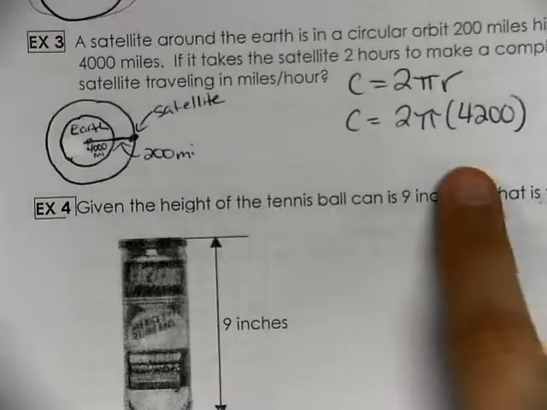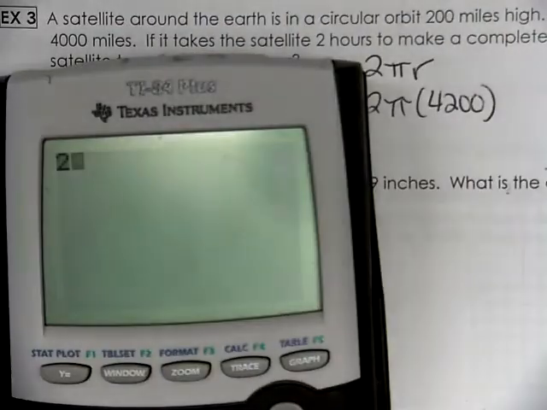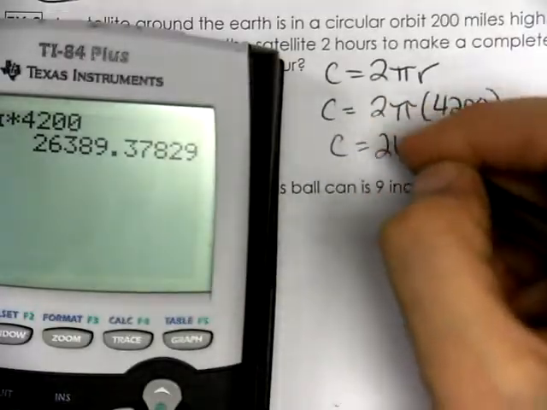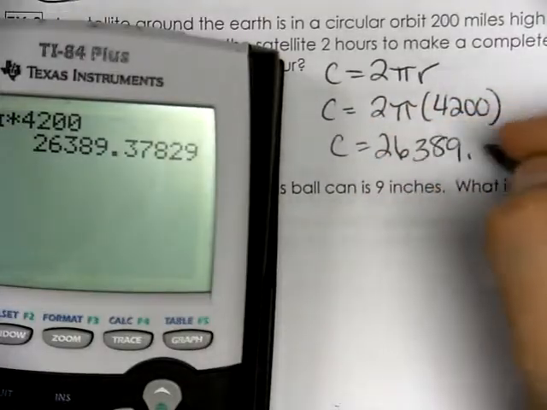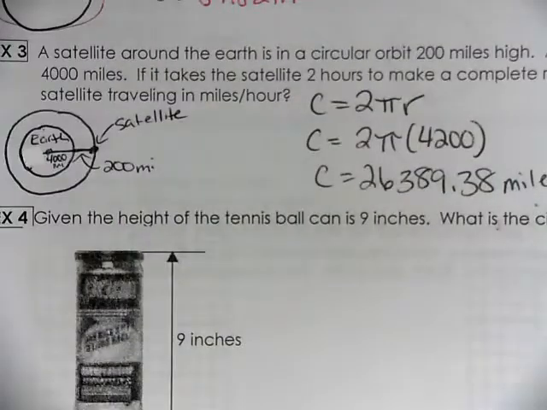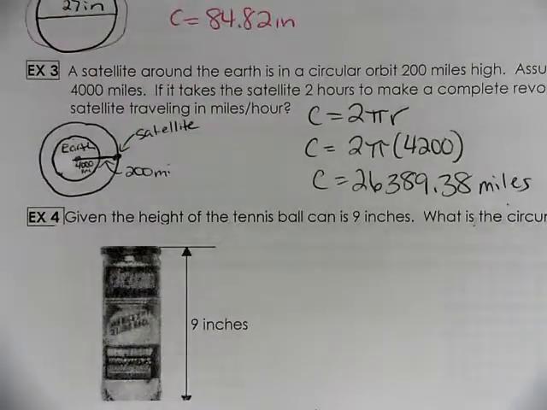I'm going to just multiply this all out and get a decimal. $26,389.38 miles. So that's what the satellite has to travel in one revolution. It traveled all that distance in 2 hours.